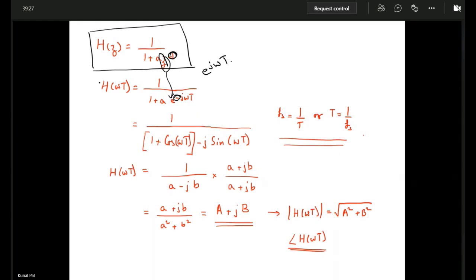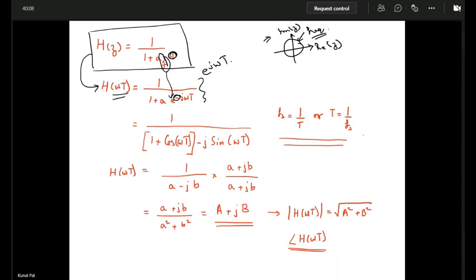So we can rewrite this equation into this H of omega t. Now, why has it become only omega t? Because we are just concentrating on a specific point on the unit circle, and therein the frequency is changing. Whenever you draw this z plane, please write down the real z and imaginary z, otherwise your numericals or the answers will be incorrect.